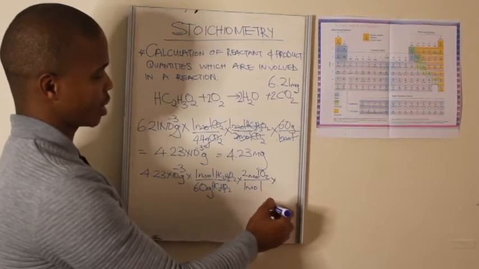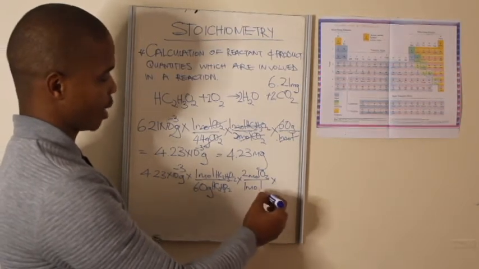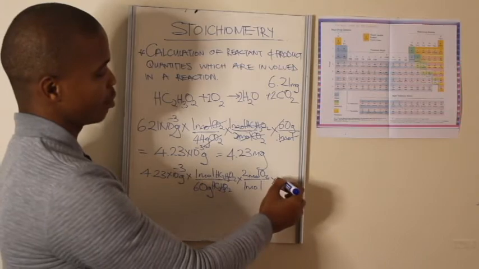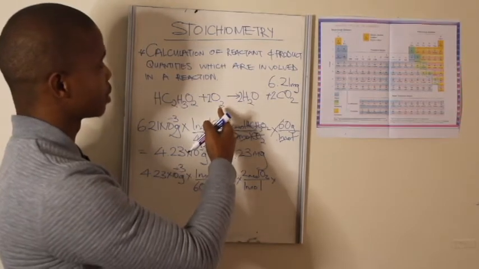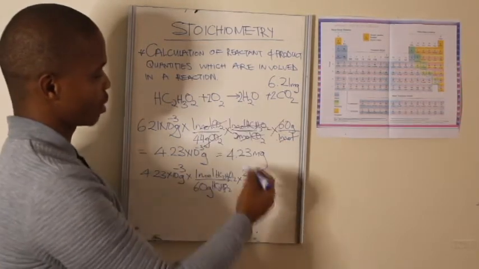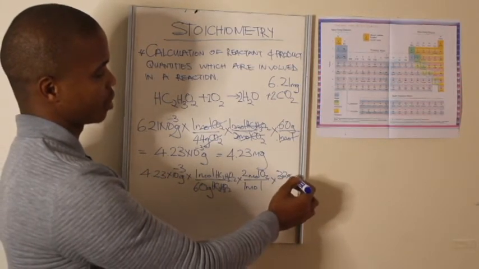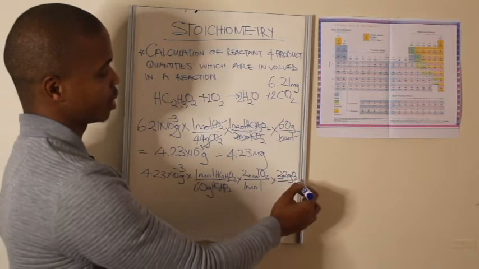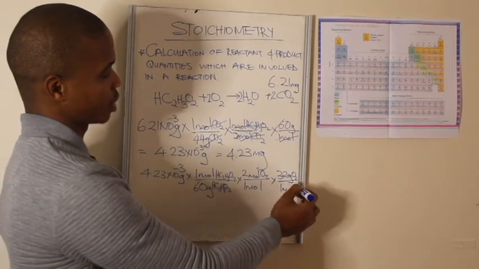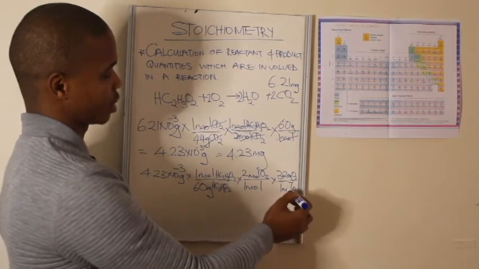Then once you have that, you multiply by the molar mass of oxygen. Now this is oxygen gas, so you multiply by 32 grams of oxygen is 1 mole of oxygen.